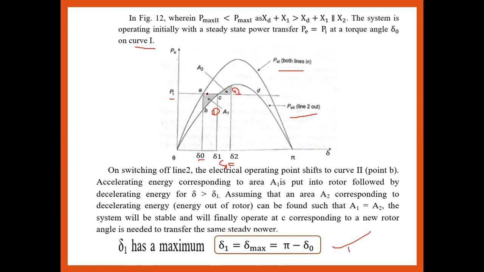So the equal area criterion under this condition requires A1 equal to A2, where delta should be more than delta 1, and A2 corresponds to decelerating. So A1 and A2: this is the deceleration and this is the acceleration.